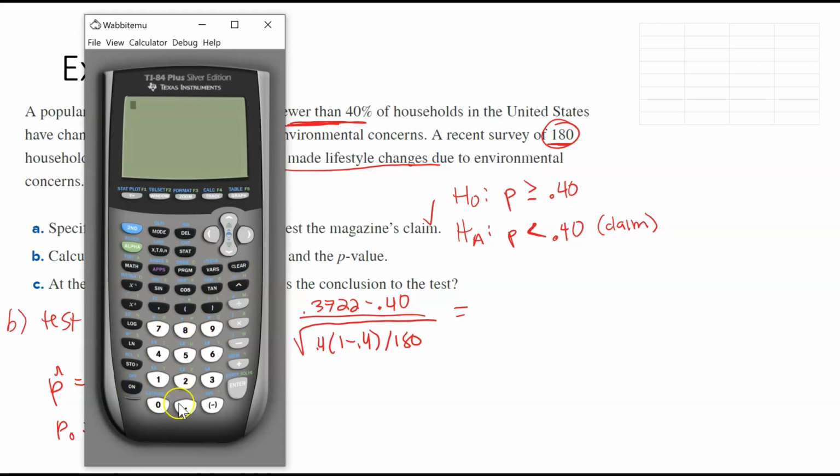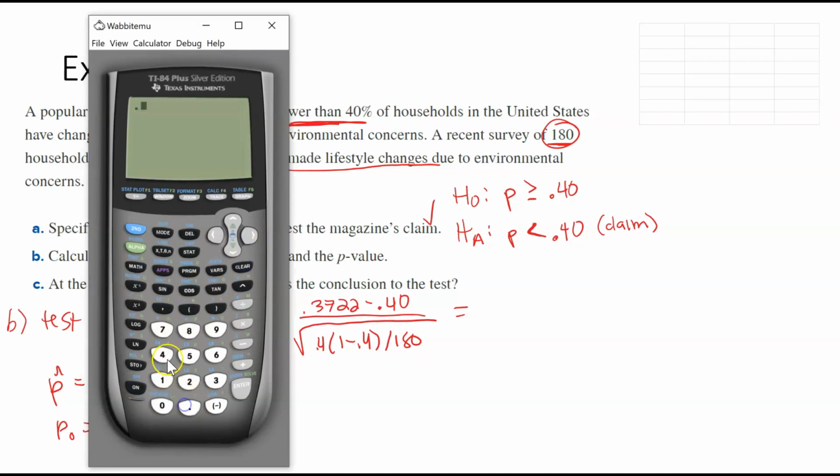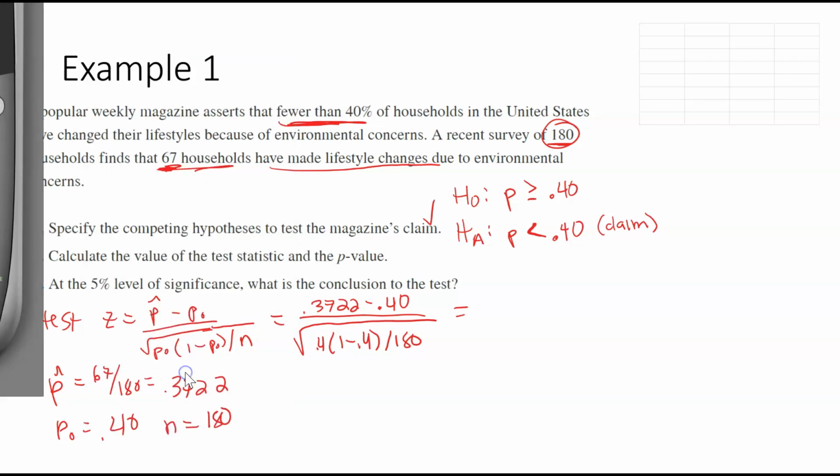I'm going to do the bottom first. So 0.4 times 1 minus 0.4 divided by 180. And then I'm going to square root this answer. And then what I'm going to do is the top. If you don't like this, that's fine, but it just helps me.